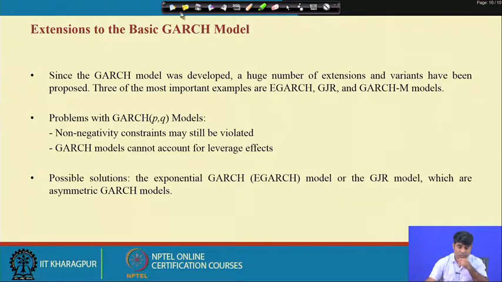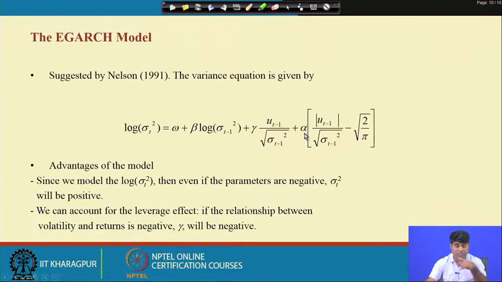So, let us see the structure with respect to EGARCH, GJR and GARCH-M models. And in between we have already highlighted a component called IGARCH. So, we have plenty of baskets, starting with the first, EGARCH, which is the extension of the GARCH model.